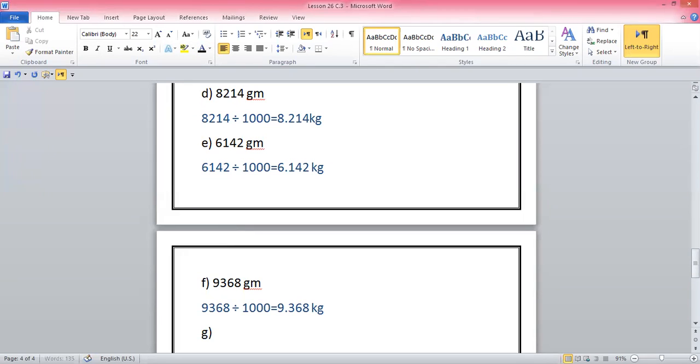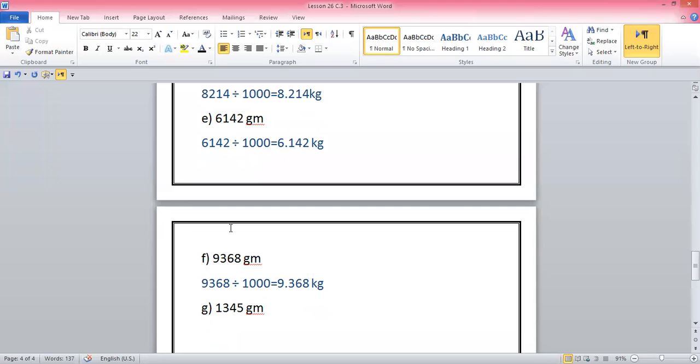G. The G is 1345 gram. So again 1345 gram you have to convert into kilogram.